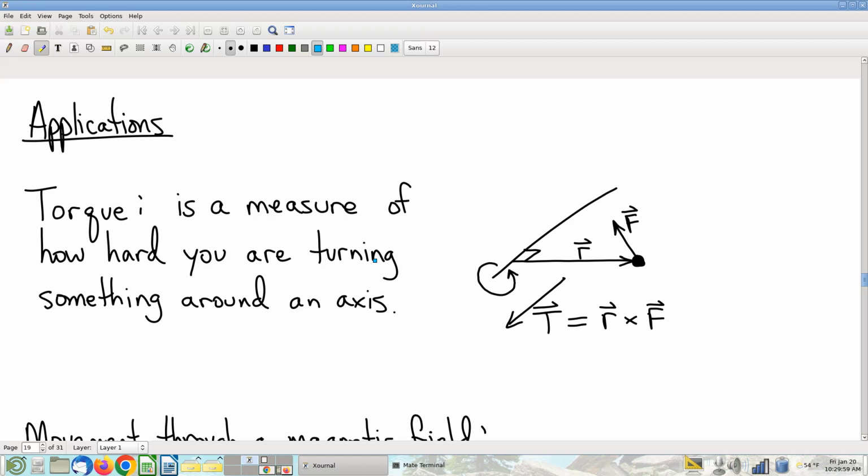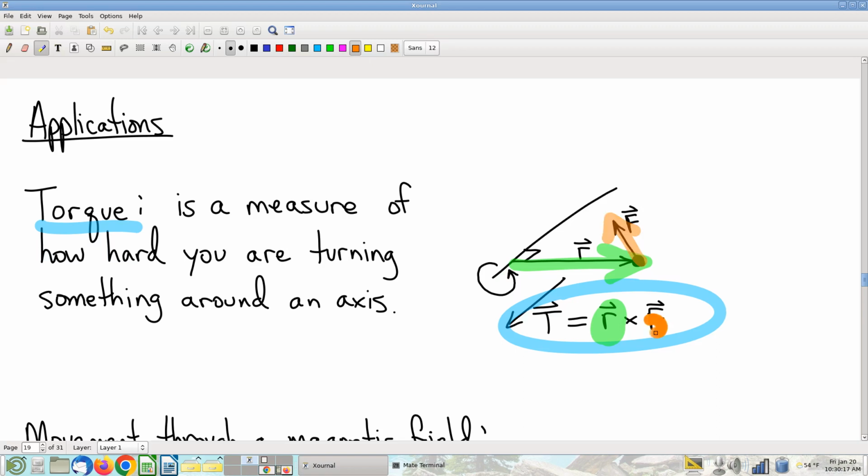Right now, immediately accessible, a couple of observations. Torque is computed by a cross product. Torque is a cross product of your sort of radius vector, if you will, and your force vector. So there it is, right? That's a very natural physical quantity.